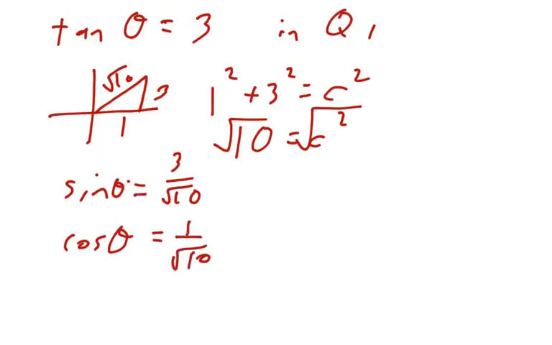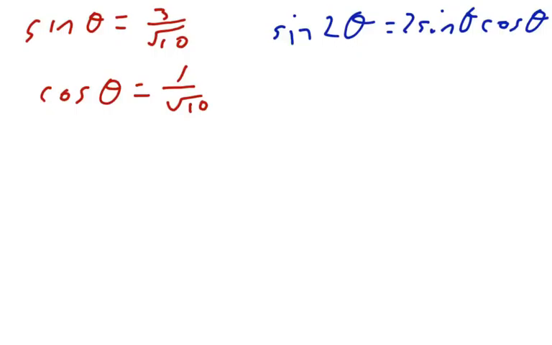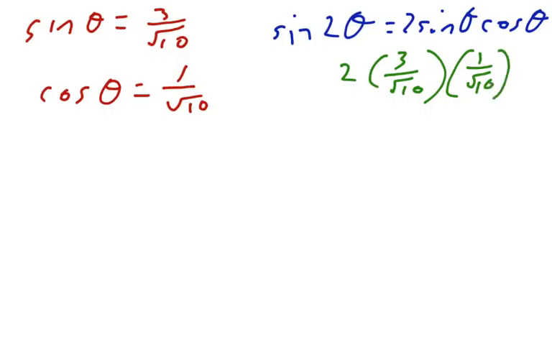So when we're doing sine of 2 theta, the formula is 2 sine theta cosine theta. So we got 2 times 3 over the square root of 10 times 1 over the square root of 10, which turns out to be 6 over 10, or 3/5.